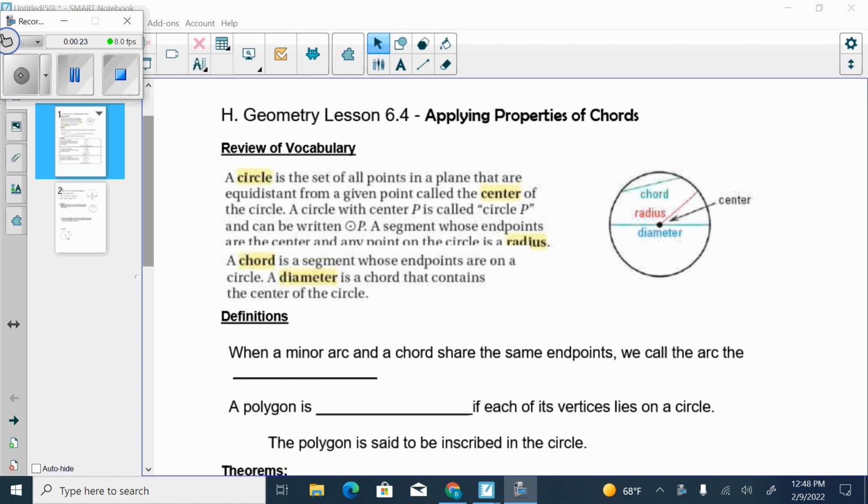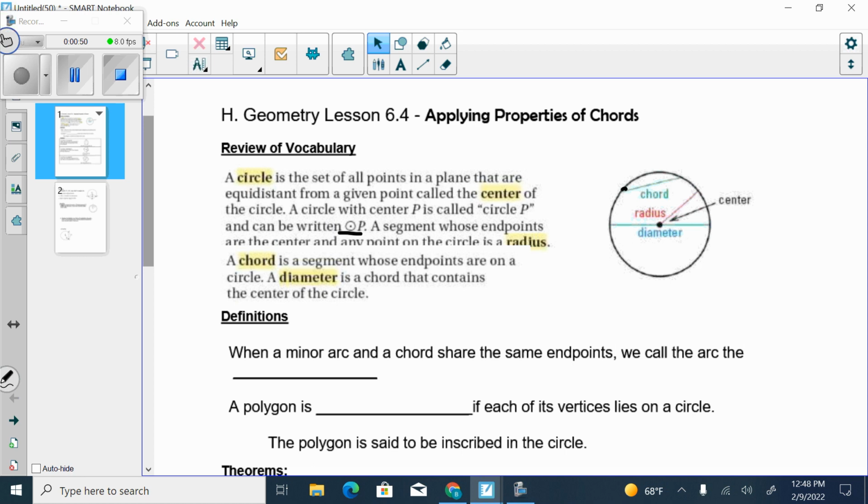A circle with a center P is going to be called circle P, and this is exactly how we would denote it. Okay. A segment whose endpoints are the center and any point on the circle, so the center and anywhere on here, is a radius, right? If it goes from the center to the circle. A chord is a segment whose endpoints are on the circle.